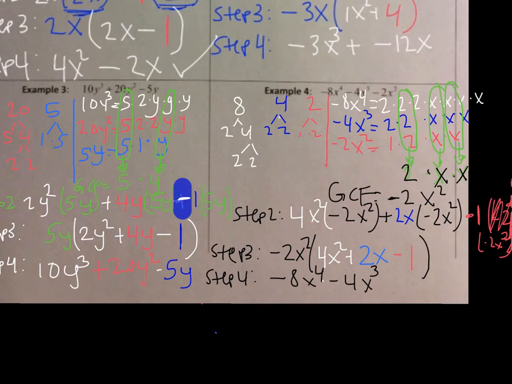And then lastly, negative 2x squared times a negative 1. I'm sorry, not a negative 1, it's supposed to be a positive 1. You will get negative 2x squared. So as you can see, when we distribute the negative 2x squared back into our quantity here, we get the same results as our beginning answer. So that shows us that yes, this is correct.